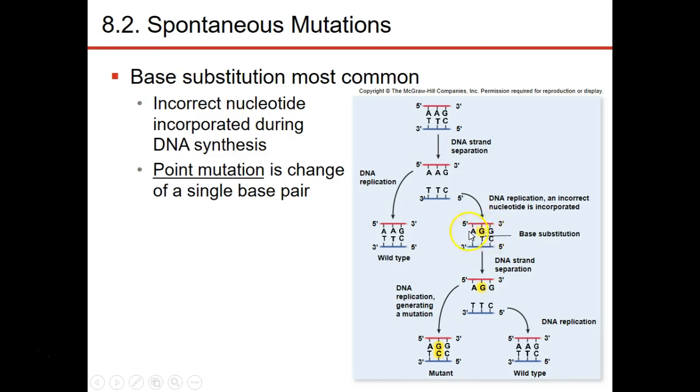And so this actually will cause a mutation as this daughter cell replicates. So now you have AGG TCC versus the wild type AAG TTC.